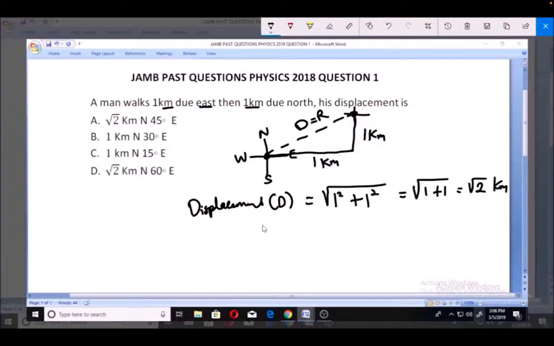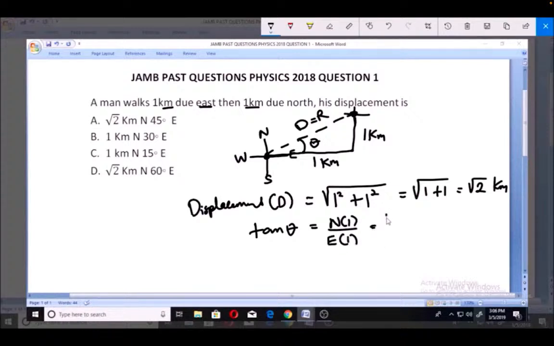But whenever you're talking about displacement, you need to check both the distance and the direction. So the direction here we can find using tan theta, and if you have here as the theta, the tan of this is simply this over this. So the direction to the north, which we know is 1, all over the direction to the east, which we also know is 1.